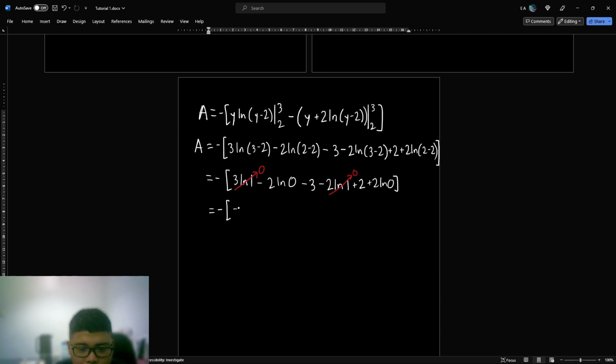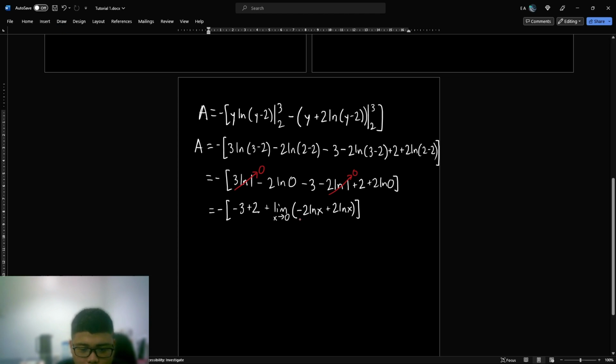So we're now left with negative 3 plus 2 plus the limit as x approaches 0 of negative 2 ln x plus 2 ln x. As you can see here, negative 2 ln x and positive 2 ln x just cancel each other out.